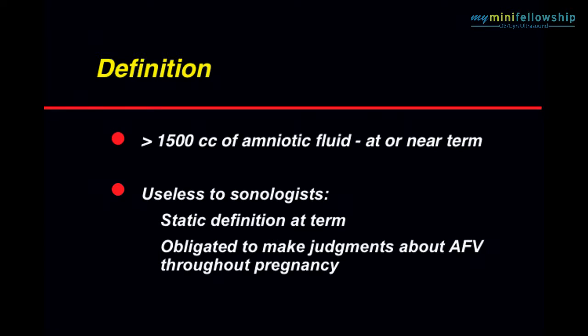We're obligated to make judgments about amniotic fluid volume throughout pregnancy. We can't wait till 40 weeks to make a decision as to whether or not what we're looking at is polyhydramnios. As well, we have absolutely no way of actually predicting how many cc's of amniotic fluid are in the amniotic sac. We can only estimate it.